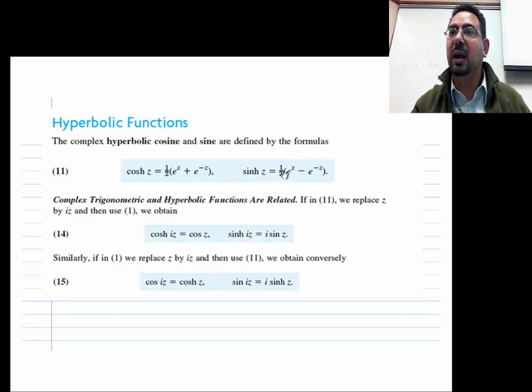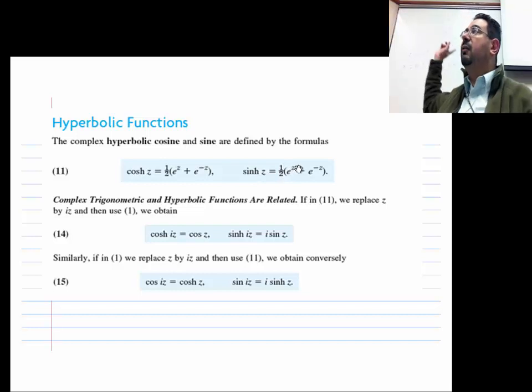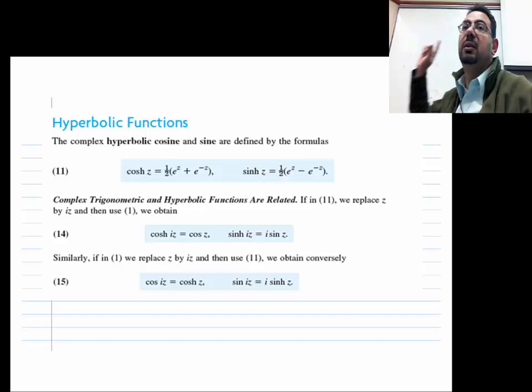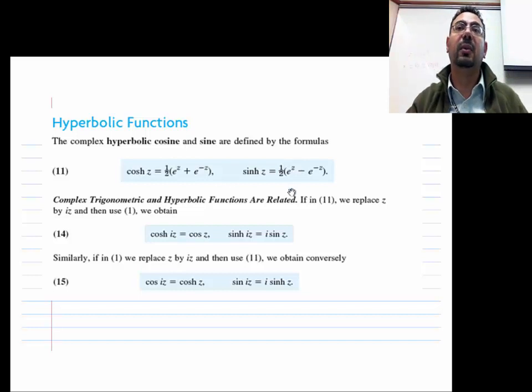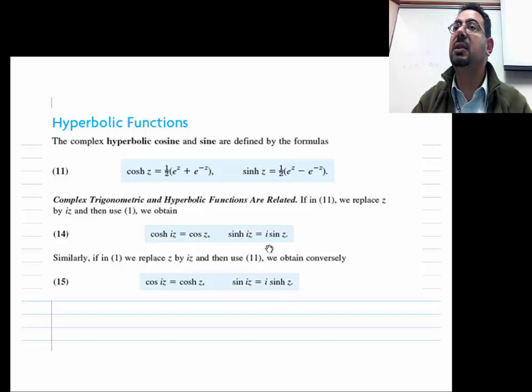If iz is a number, this becomes i e to the power iz, and you will have the same thing that we had in this example. So this could really help in solving the problem. Why is this really nice? Because it allows you to turn this into a real and imaginary part, kind of.